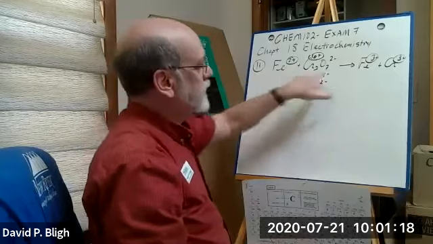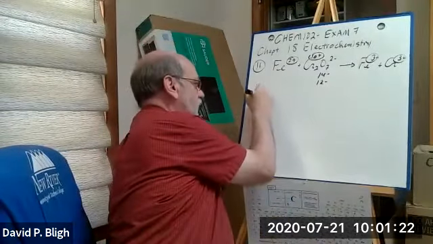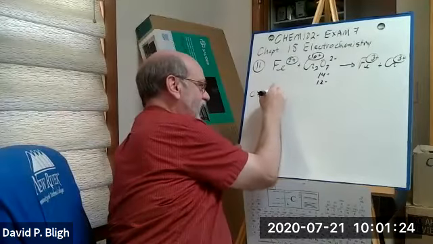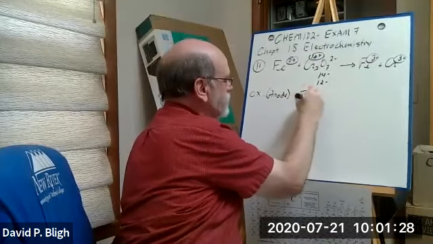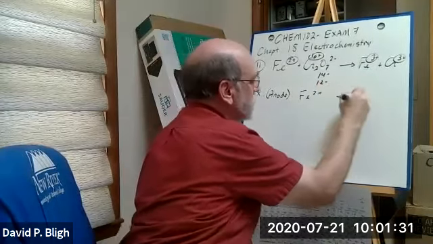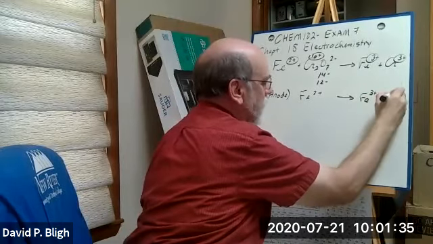Iron goes from a 2 plus to a 3 plus, which means oxidized. Right? So it's oxidized, which means that's the anode. And we go from Fe2 plus to Fe3 plus and 1 electron.